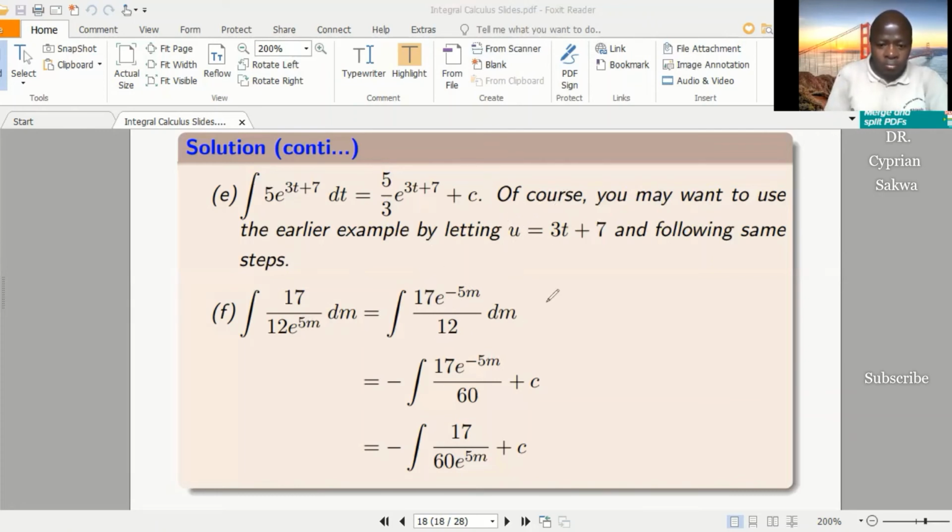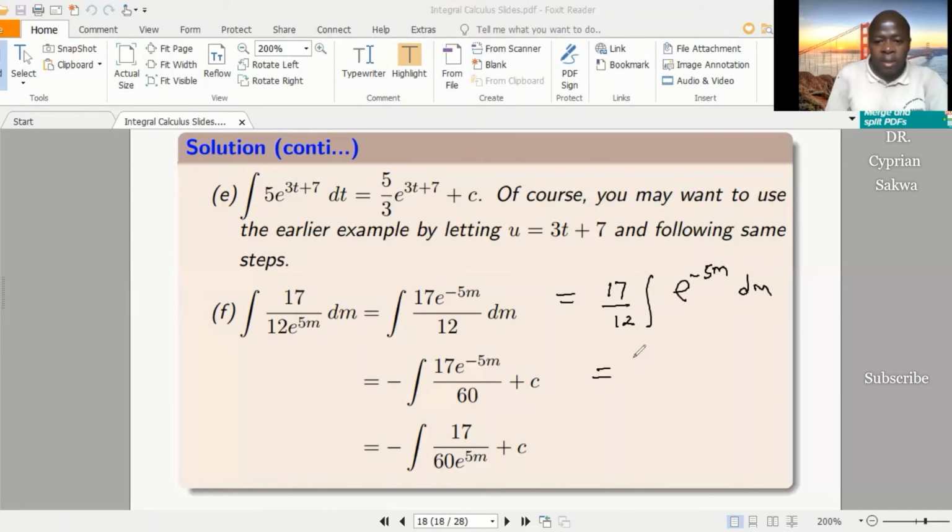I want to do it mentally without much working. If I take the constants outside, this is what I have. But to integrate this, we said I will take 1 out of this -5, and the rest remains.